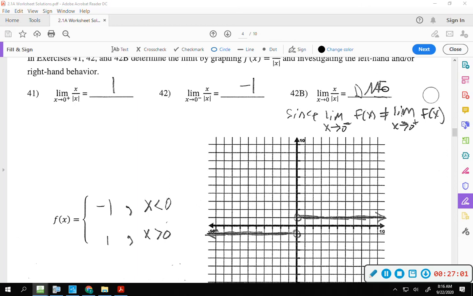If it's a DNE, always verify by saying since the limit as x approaches 0 from the left of this function does not equal the limit as x approaches 0 from the right of this function. Okay? The left-hand limit does not equal the right-hand limit. There is no limit. Notice this is another jump discontinuity. Jump discontinuities do not have limits. Removable discontinuities have limits.